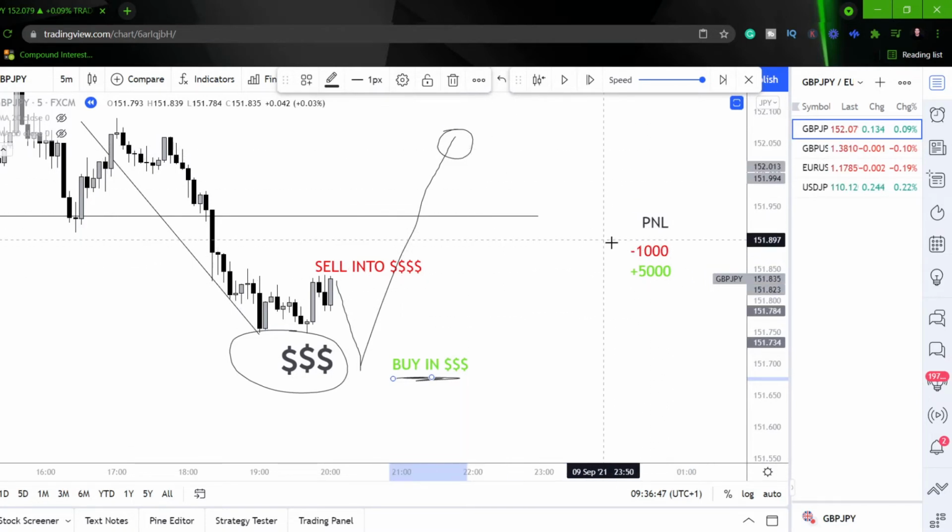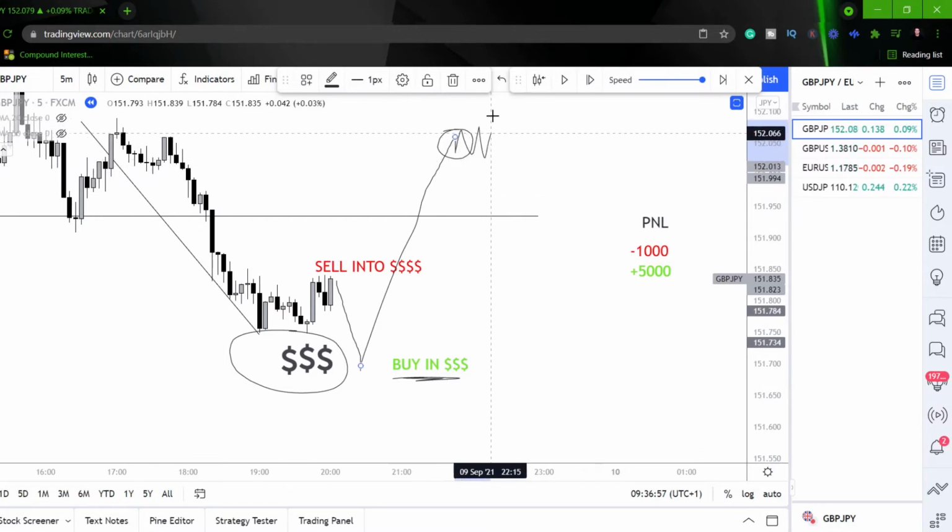So they need to mitigate out of these sell positions. So how do they do that? Well, they start taking profits out of their buy positions. Okay, so again, they will manipulate the market in order to get out of their buy positions. And again, I'm not going to get into too much detail around that.